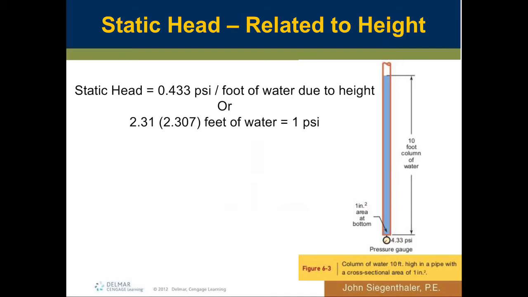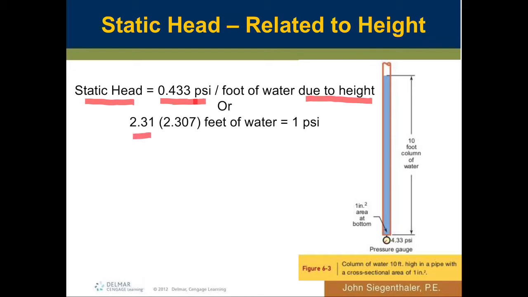One of the characteristics of water, and your textbook even talks a little bit about this, is that we will look at the pressure or the head of a system as roughly having about 0.433 psi per foot. That's strictly due to elevation, due to height.